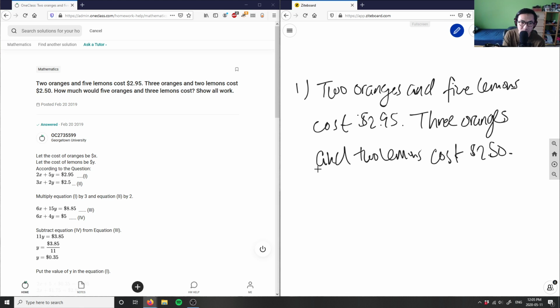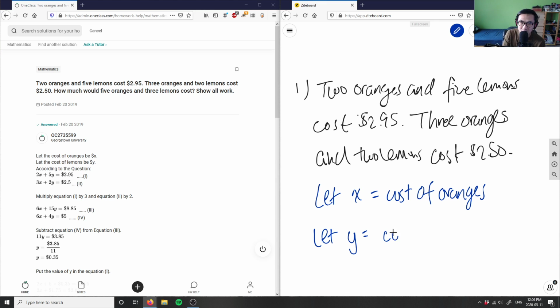Let x equal the cost of oranges, and I'll let y equal the cost of lemons.